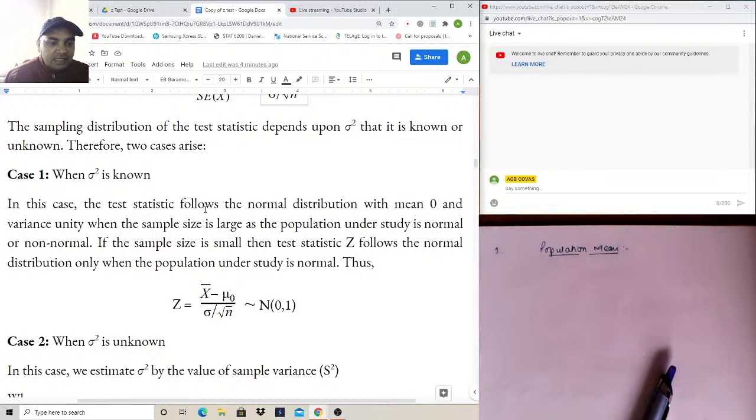In this case, the test statistic follows the normal distribution with mean 0 and variance unity, when the sample size is large, whether the population under study is normal or non-normal. We have already studied this z variate. Here also this value corresponds to the normal distribution with mean 0 and standard deviation 1.